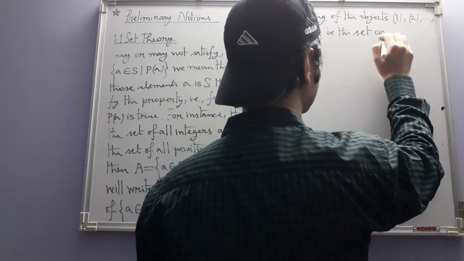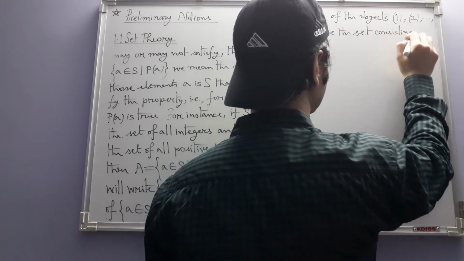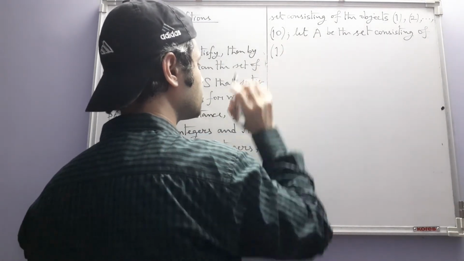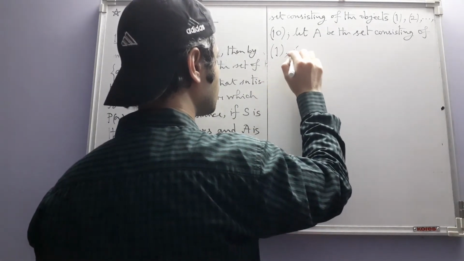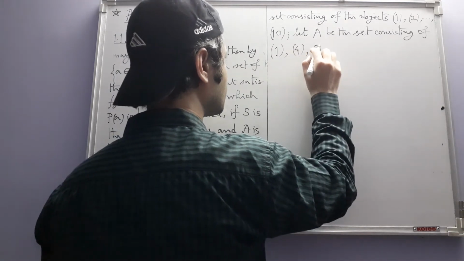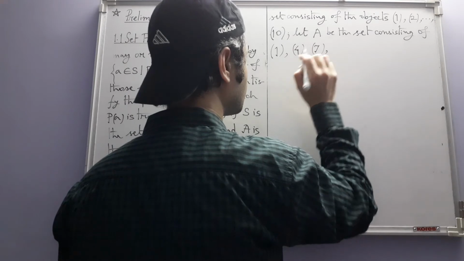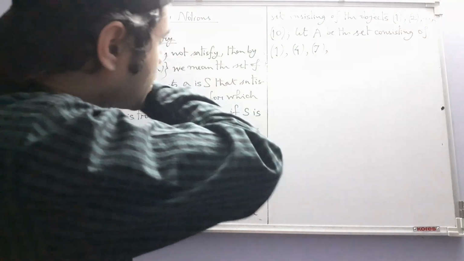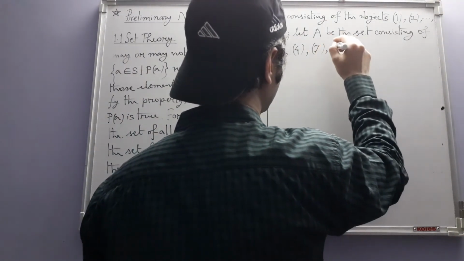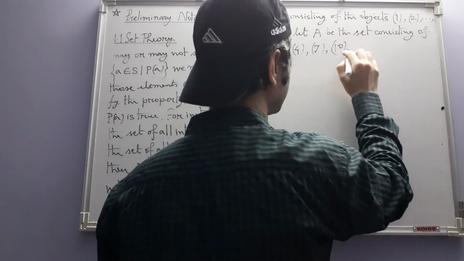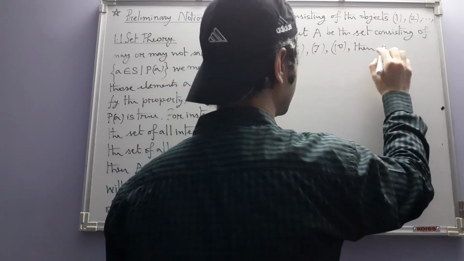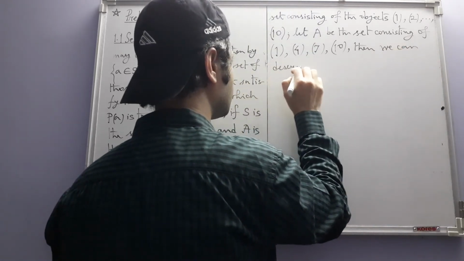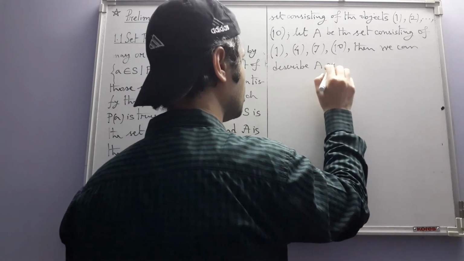Be the set consisting of... then we can describe A as this.